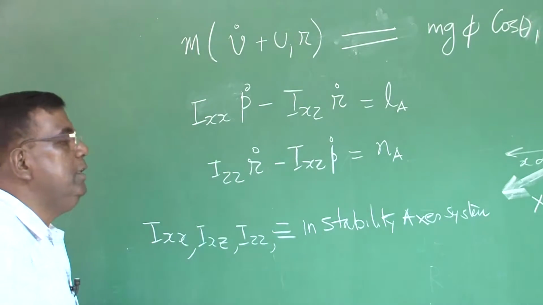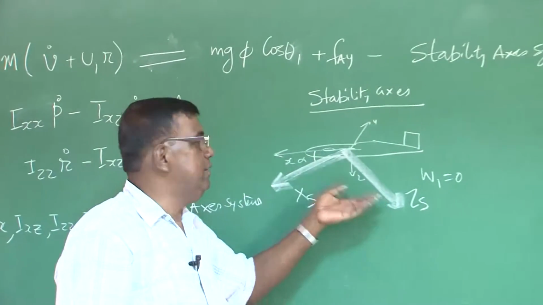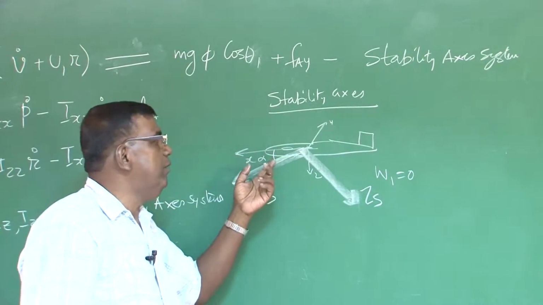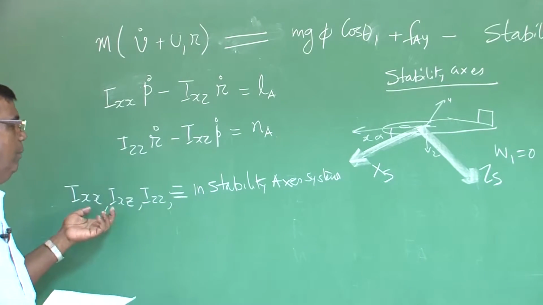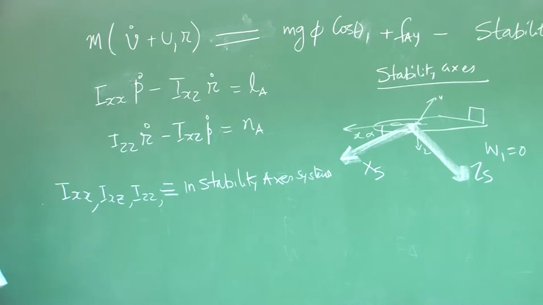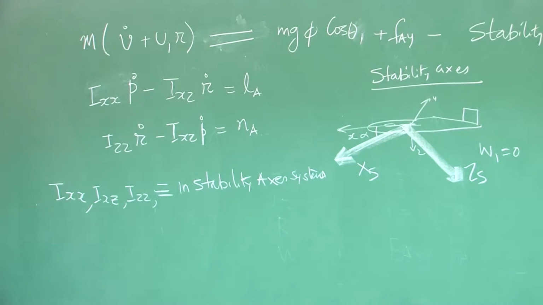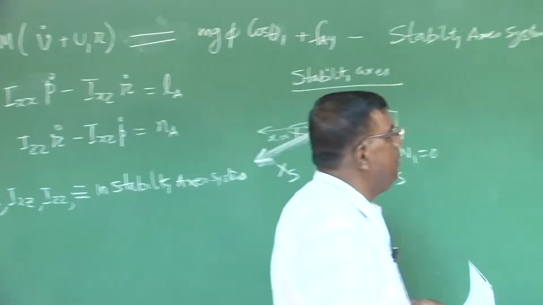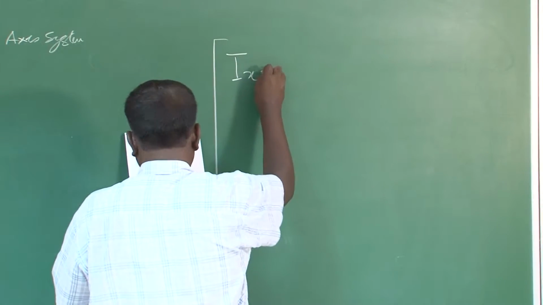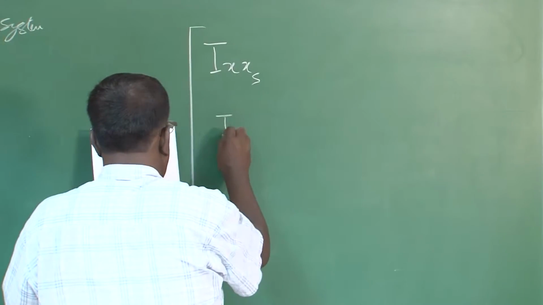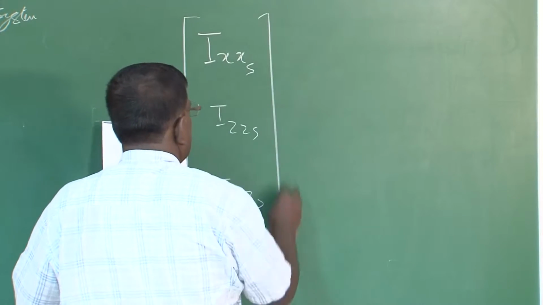What mathematically it means? That you know the moment of inertia about x, y, z axis. This is one axis transformation with alpha. So you have to calculate the new values of moment of inertia about stability axis system, and for that you can directly use the transformation, which I will just give for completion. This is Ixx stability axis, Izz stability axis, Ixz stability axis.